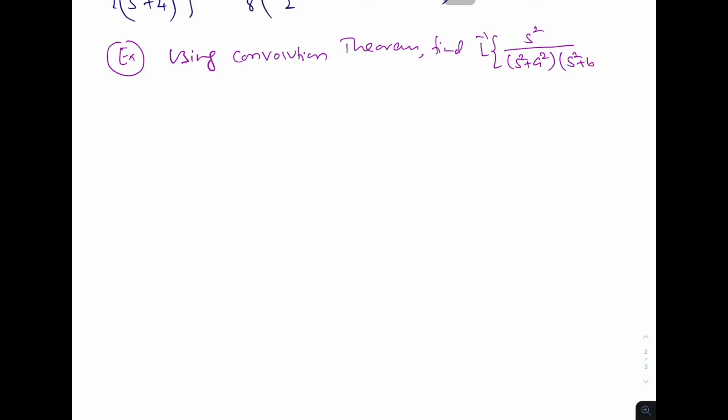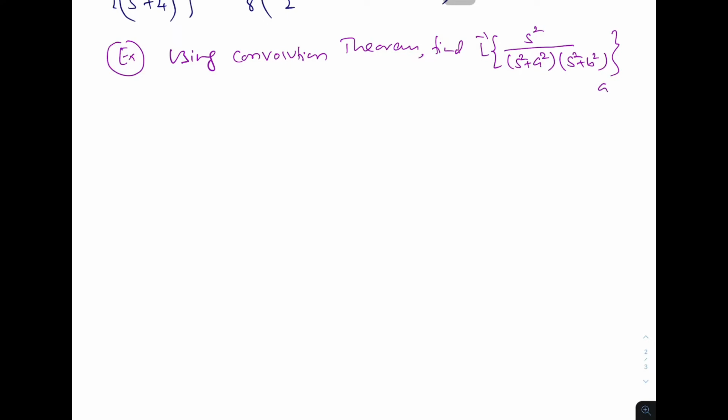Okay. Using convolution theorem, find inverse Laplace transform of s square over (s square plus a square)(s square plus b square).